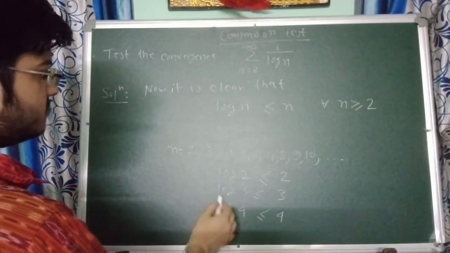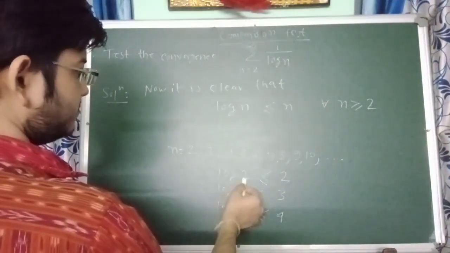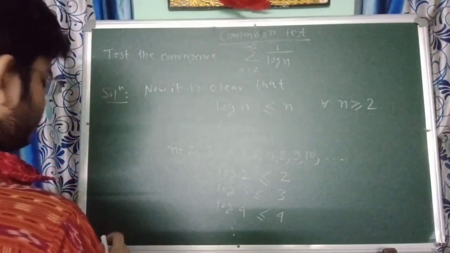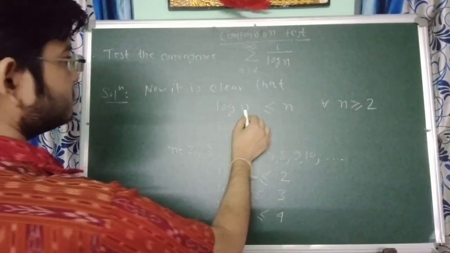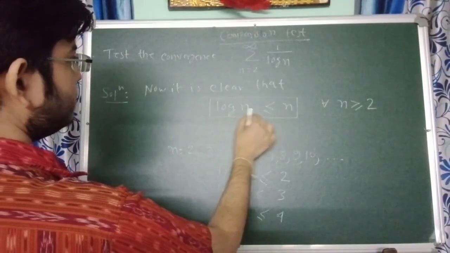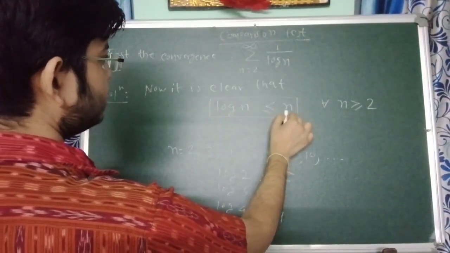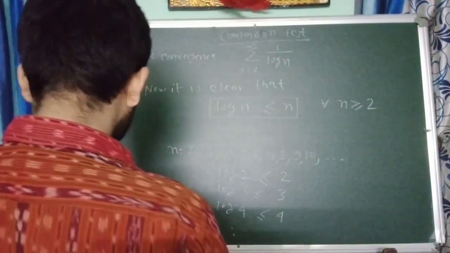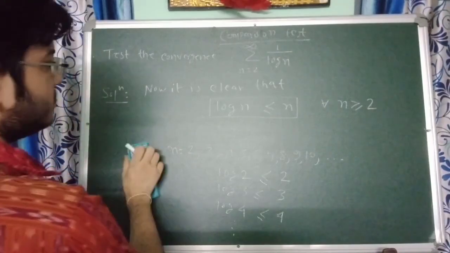From a calculator we easily get this kind of expression. So in general we write this statement that log n is less than or equal to n for any n greater than or equal to 2.